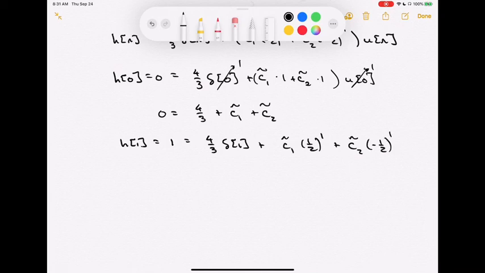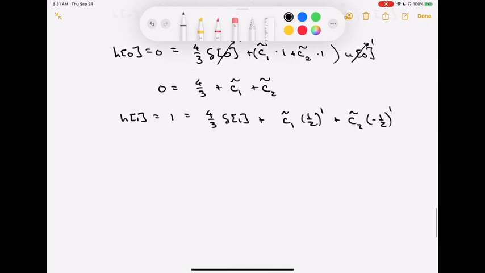Both of those guys times u of 1, which are both 1s in those cases. I don't have to put that in because 1 times anything just gives us those pieces. This first delta function no longer is on, so that's going to go to 0. And if I just clean this guy up a bit, I get 1 equaling 1/2 C1 tilde minus 1/2 C2 tilde.